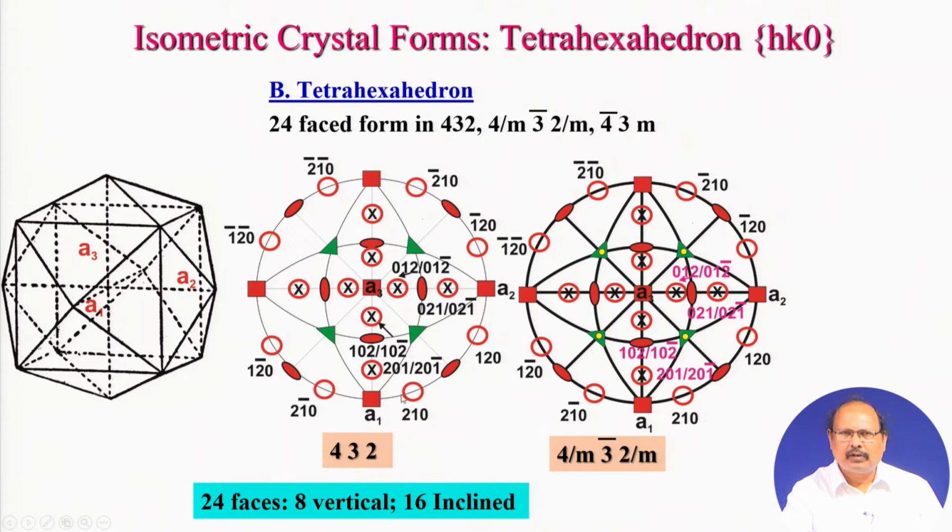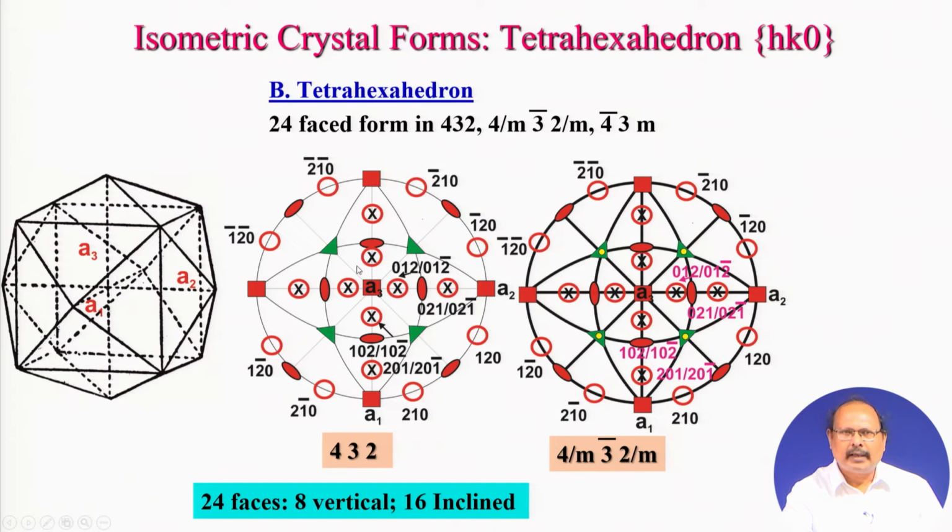Now, this is your 210, and it will be acted upon by this triad here, and as we have done here, this open circle after a rotation of 120 degrees will come here, and this open circle will come here. And as we have done with respect to 2 3 and 2/m bar 3, this open circle will again be acted upon by this triad, and you have this open circle here and this open circle here.